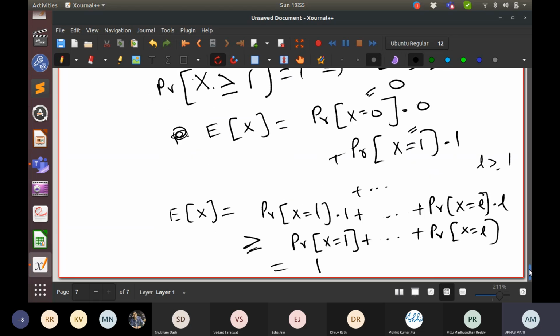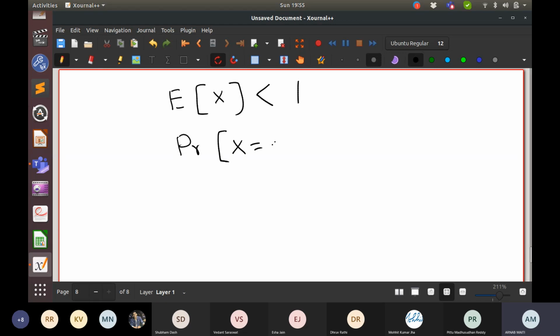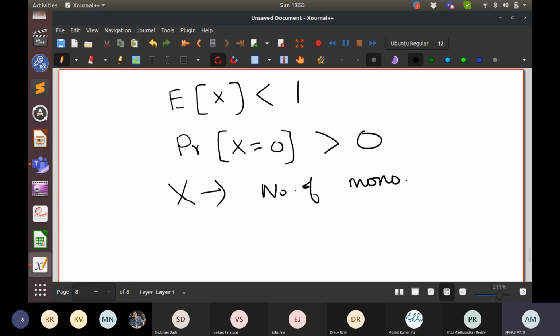So if you didn't get it, it's not an issue. I'll upload it later. But what I want to say is, if the expectation of x we got is less than 1, then the probability of x equal to 0 is greater than 0. And what was x? The number of monochromatic subsets.